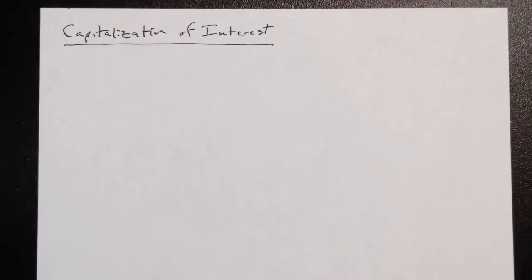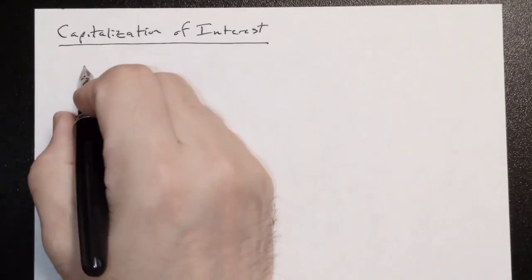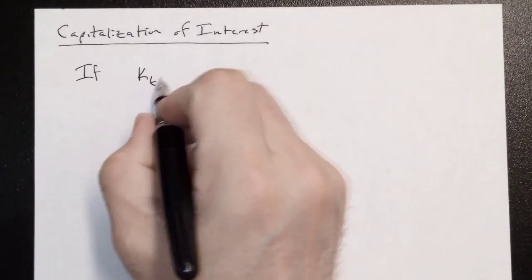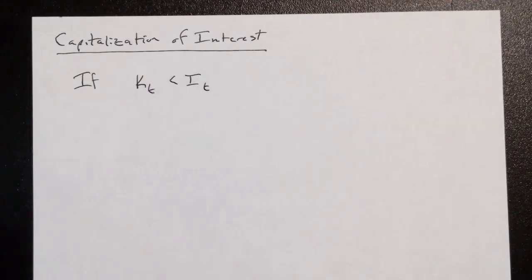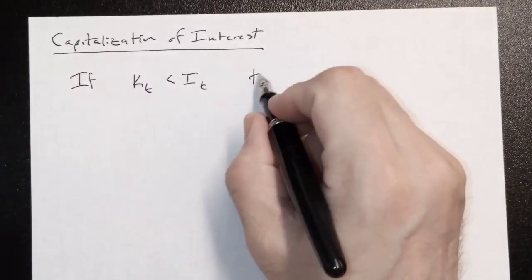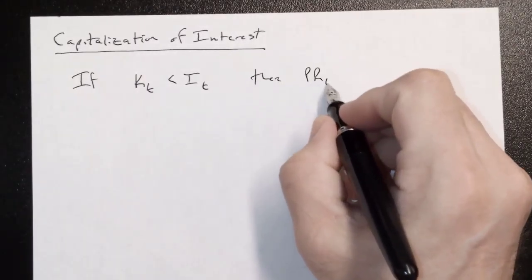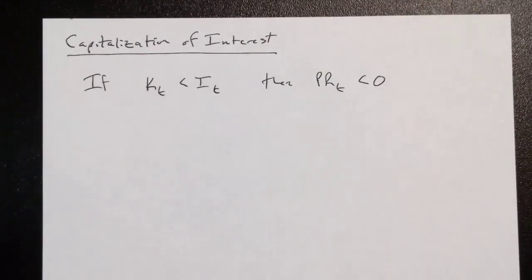I have a payment made every period. We take the interest out of that payment, the rest applies to principal. But if the payment is less than the interest earned in that period, then I'm applying a negative principal reduction.